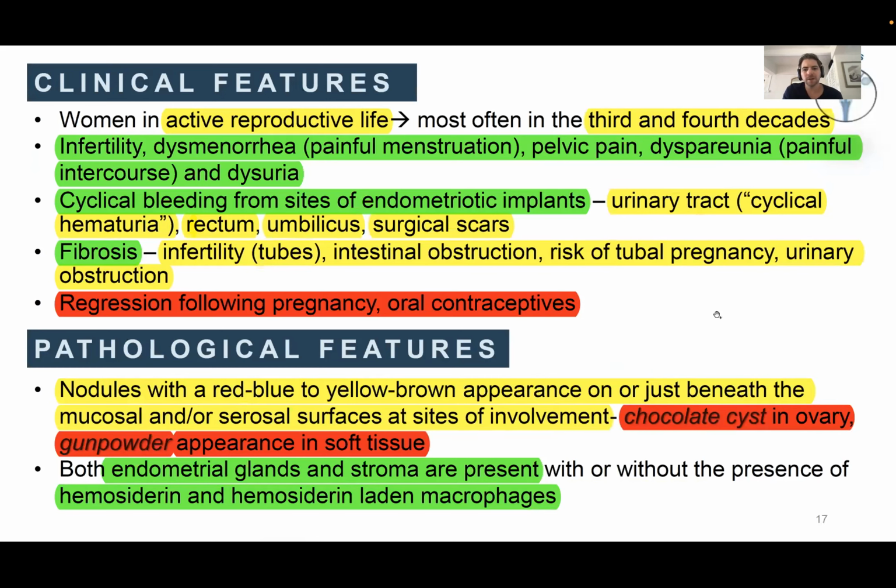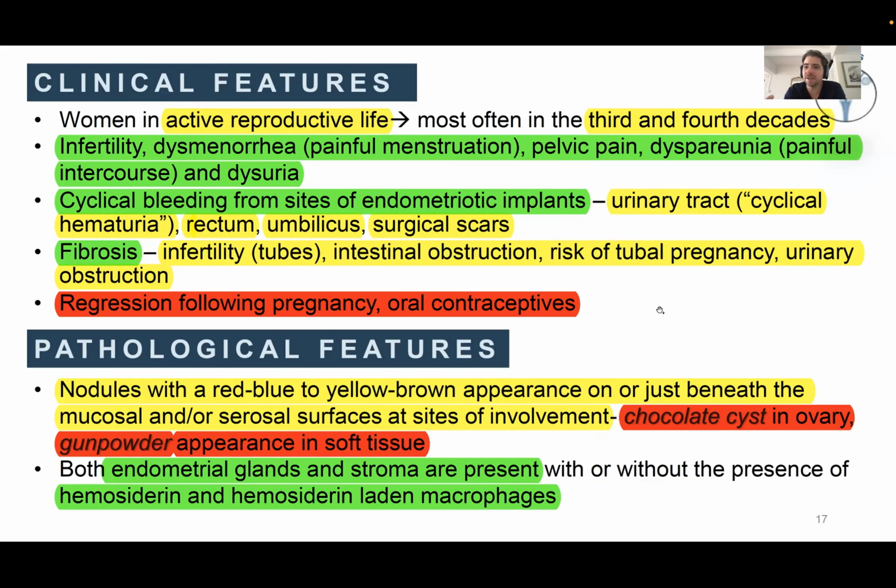So if you do get growth in the ovary, it's a chocolate cyst that will affect fertility, but this can lead to pain in the abdomen as well, stuff like that.